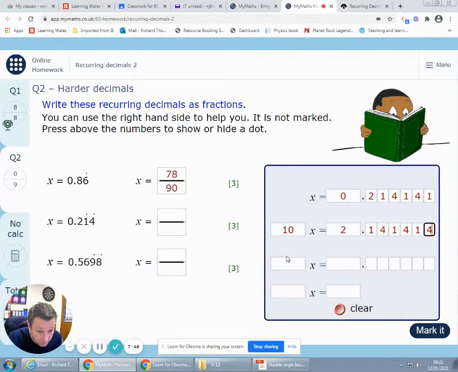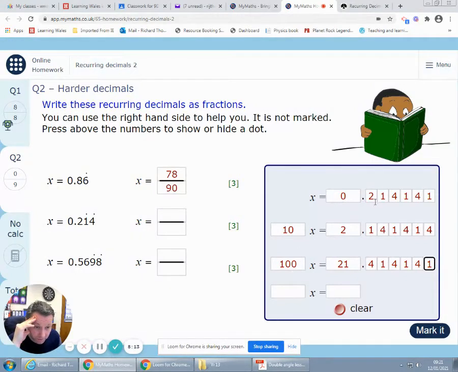So that's no good to me. So let's times it by 100, the original expression, and I'll get 21.41441. And they haven't matched up either. So that hasn't worked at all.